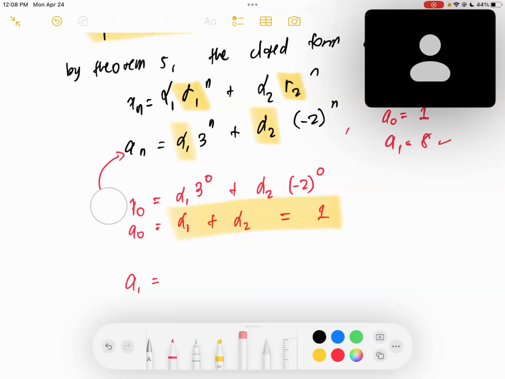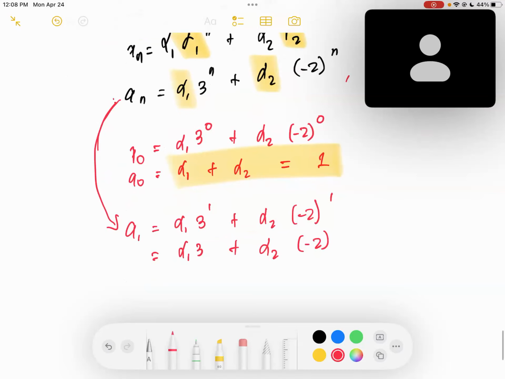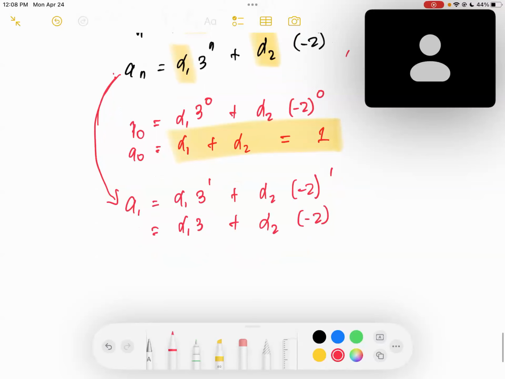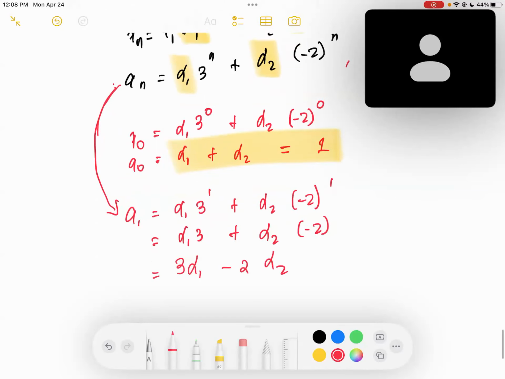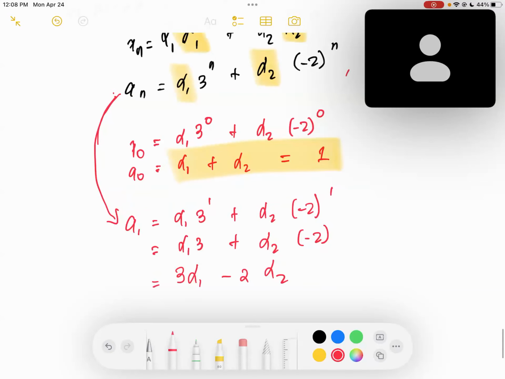So that will give us 3 alpha 1 minus 2 alpha 2. Okay, and now we know that a sub 1 is equal to 8. So we can write a1 equals 3 alpha 1 minus 2 alpha 2 equals 8. And we have this another equation.